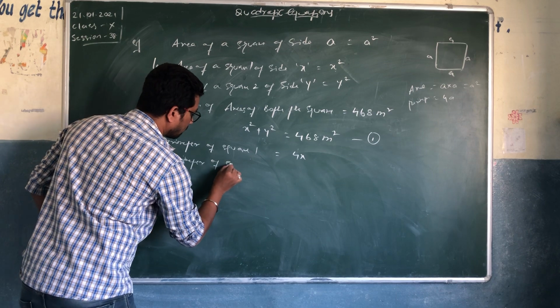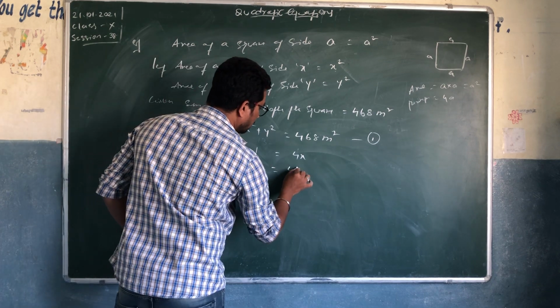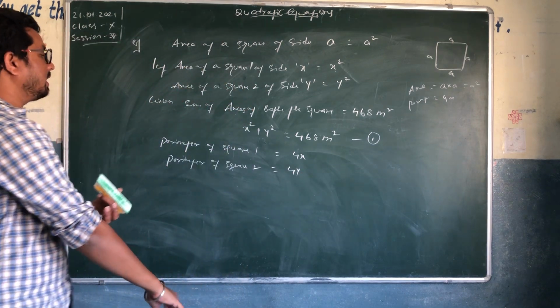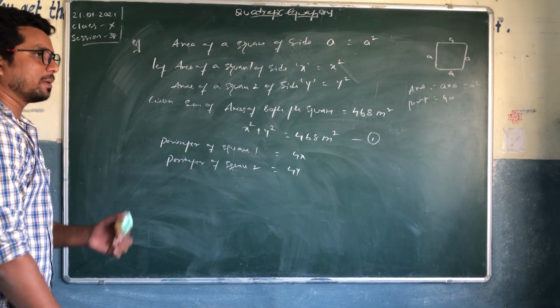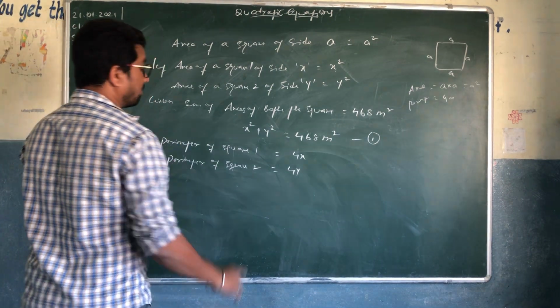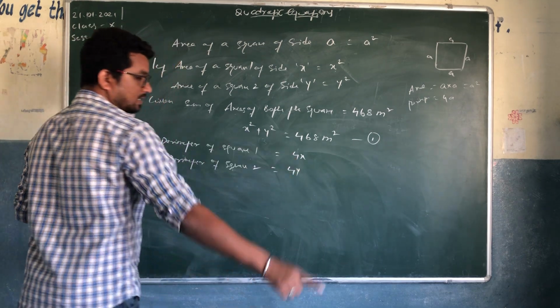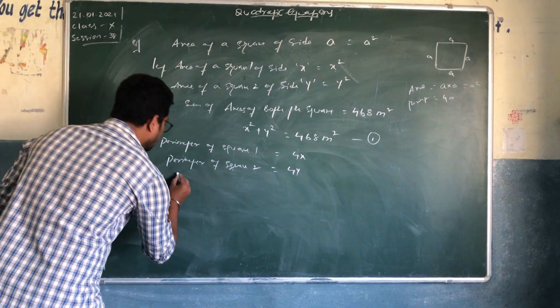Perimeter of square 2 is equal to 4y. Now, the difference of these perimeters is what he said, 24.